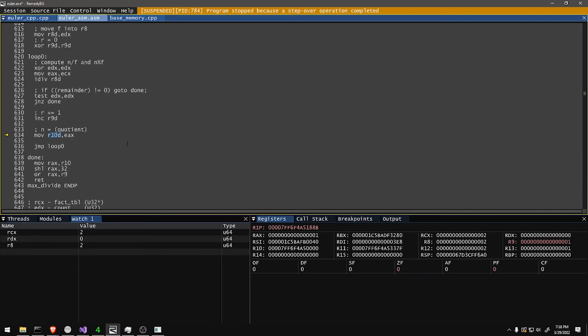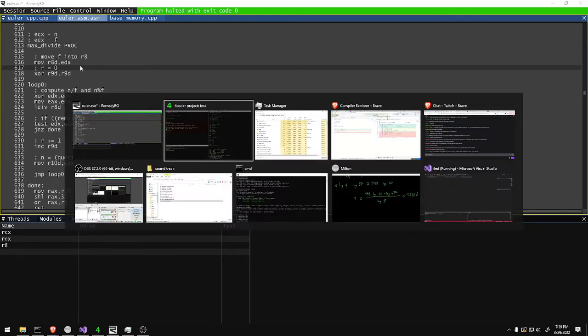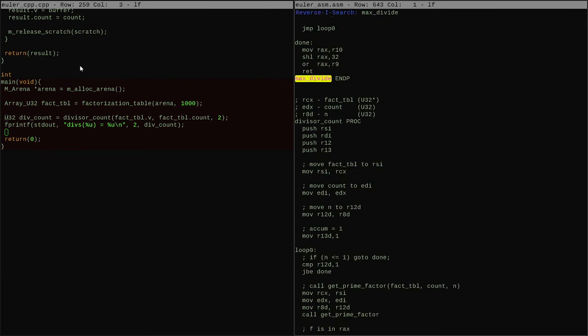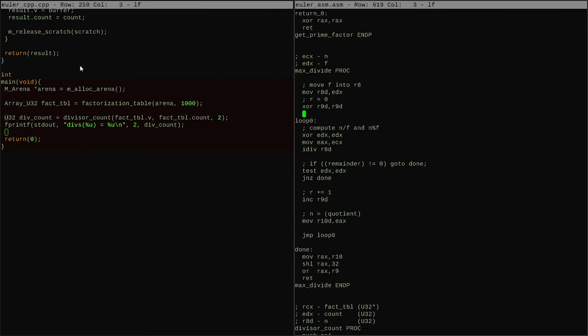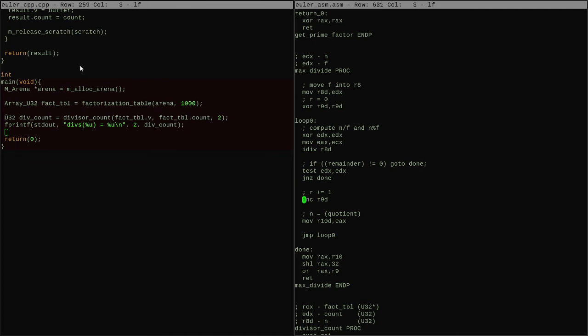there's my mistake. R10 is getting EAX here, but we're just using ECX as the n now. We got rid of the thing where I move. That's where I lost the thread. So I got rid of the thing right here that was like move n into R10, but I'm still updating n by modifying the R10 register here.